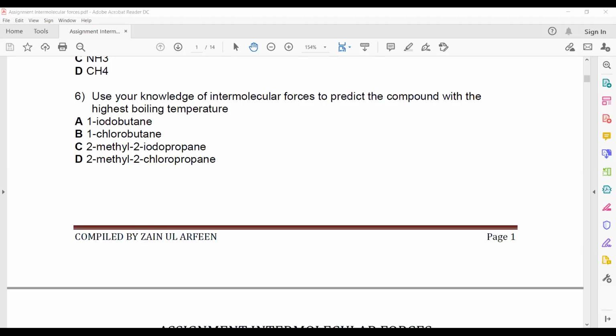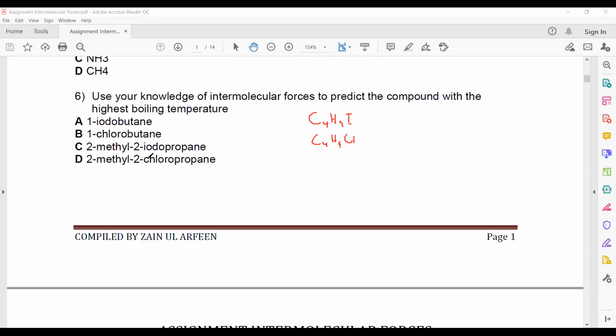As we know, when we are increasing the number of carbon atoms, the dipole induced dipole force increases. Iodobutane means 4 carbons, so C4H9 and I will be there. Chlorobutane means C4H9, Cl will be there.